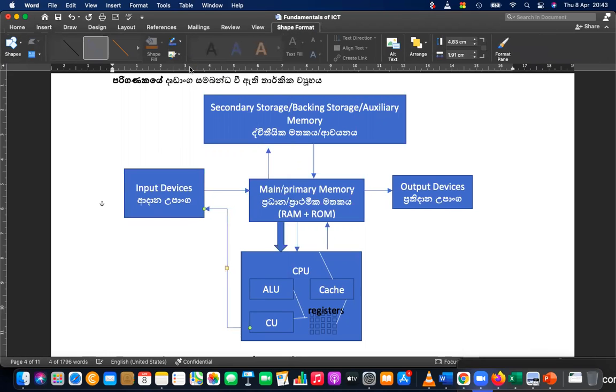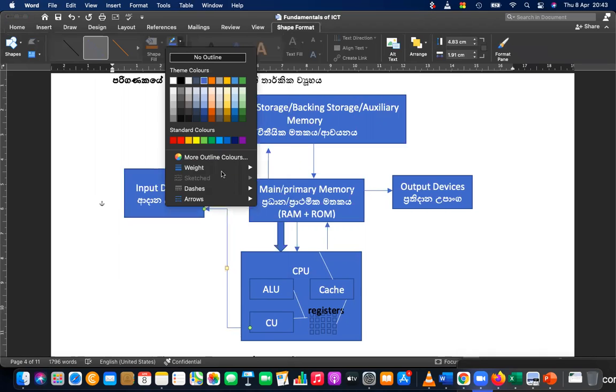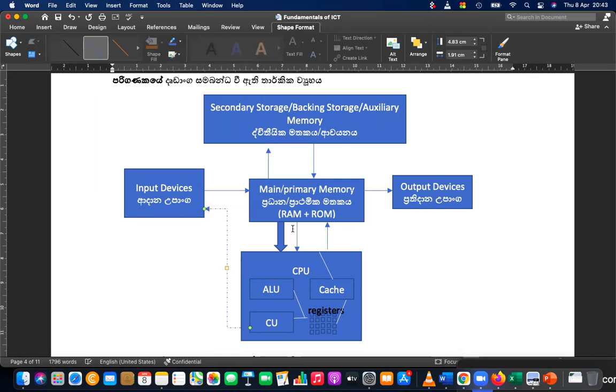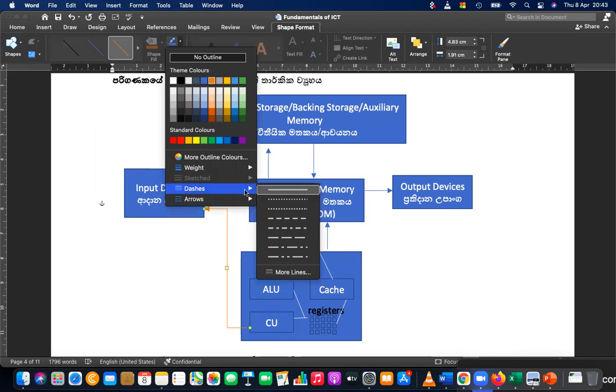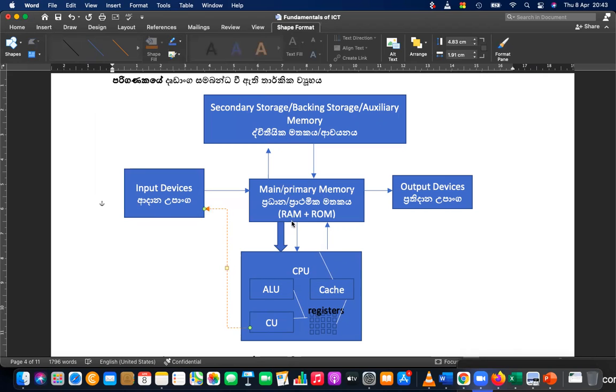I'll use a dashed arrow, in a different color, because CU will pass control instructions from the control unit to all other devices.